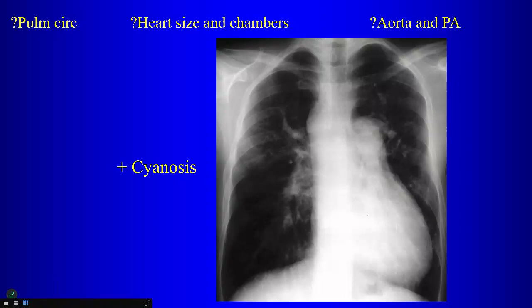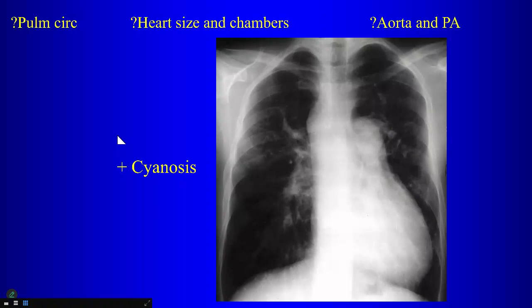What is this one? Is that the aorta? Where's the aorta? Oh, it's on the right. No, the left. This is the pulmonary artery, a big pulmonary artery, and the aorta is on the right, a right aortic arch.